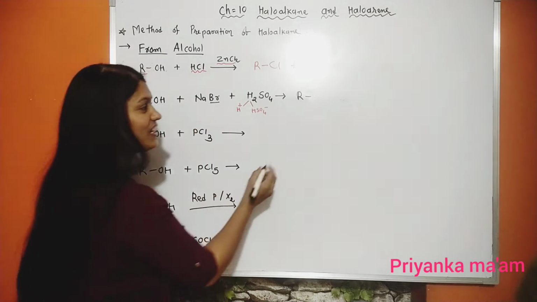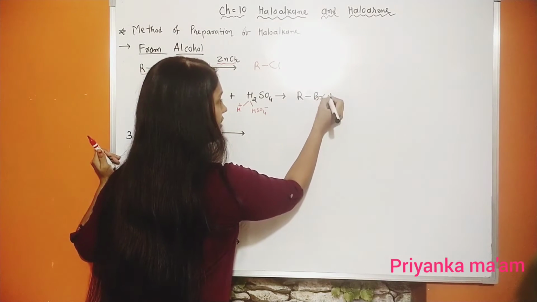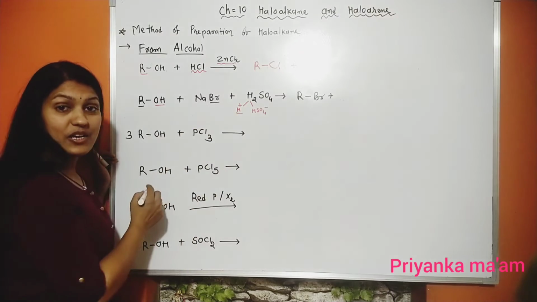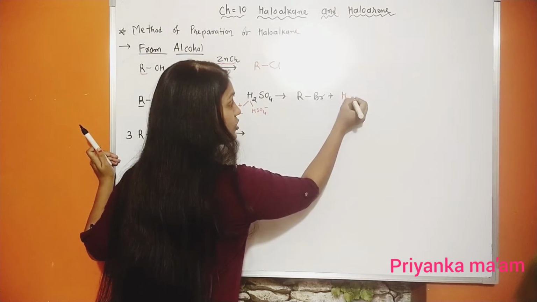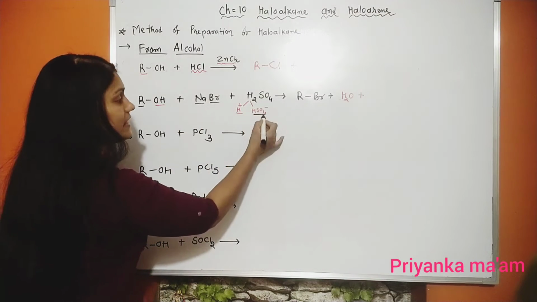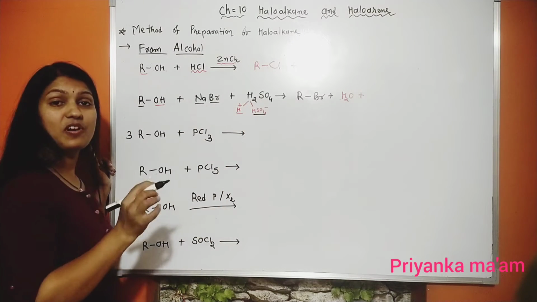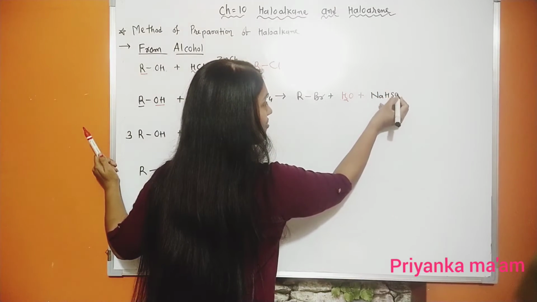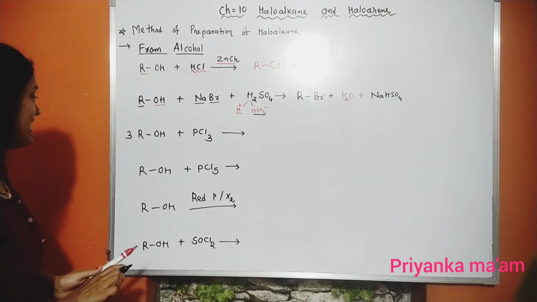This Br is the halogen. So R is attached with Br, and this OH and this hydrogen form a water molecule H2O. It is a byproduct, and this sodium and this HSO4 form sodium hydrogen sulfate, NaHSO4. See, it is very easy.